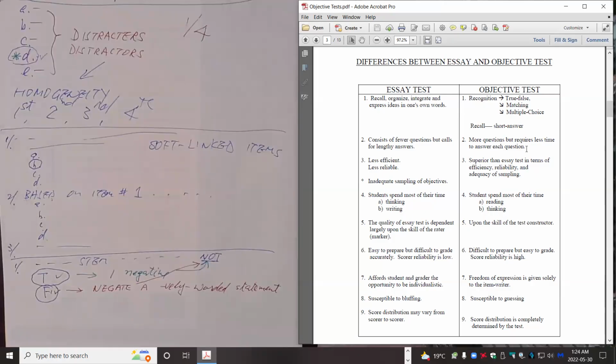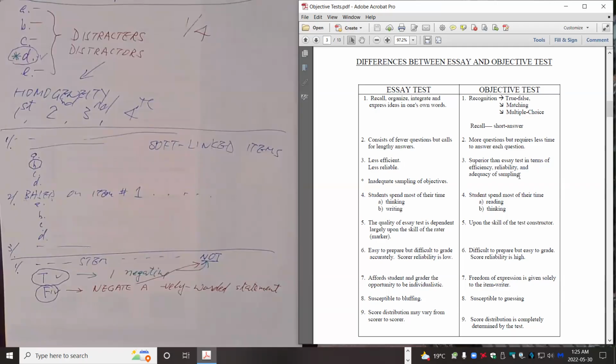One minute per item is the generally accepted rule for objective test items. So an essay test is less efficient in terms of obtaining examinees' information, say, obtaining their achievement status. It is less efficient, less reliable because most essay tests are much shorter than objective tests.